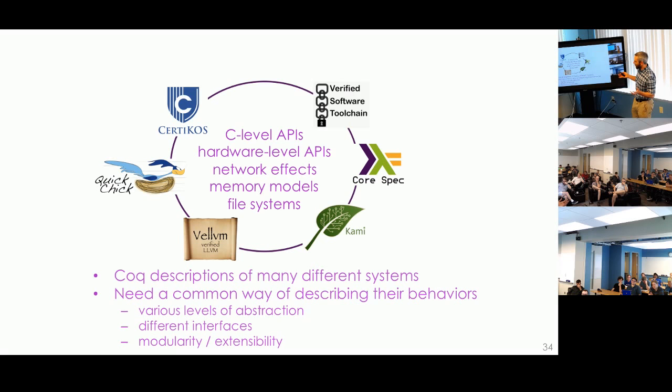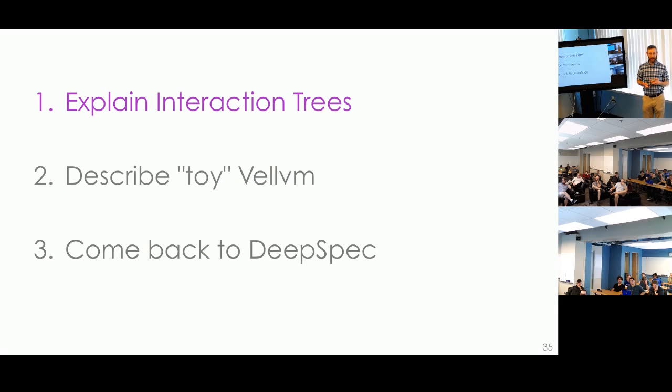So when we took a step back and looked at what kinds of things we need to express the semantic properties of Vellvm versus, say, the proofs that they're doing in the verified toolchain, or the semantics they're using in Certicos, or the fiat-generated optimal databases that MIT is working on, we actually realized that we had a common structure that we had started to adopt, which is actually well known in the functional programming language community.